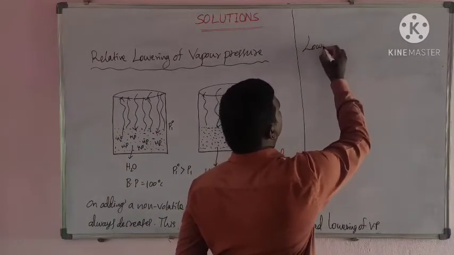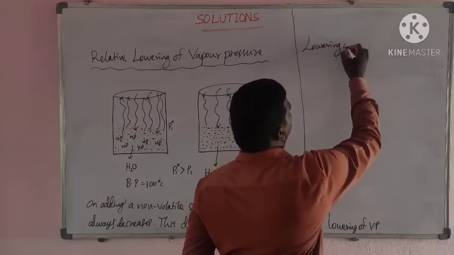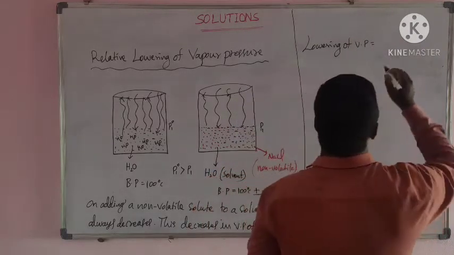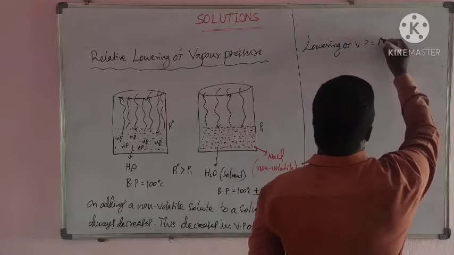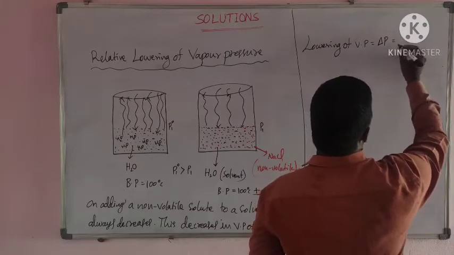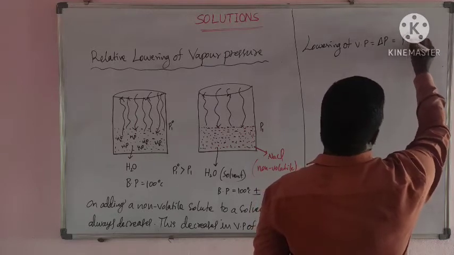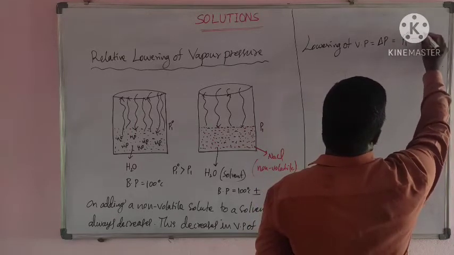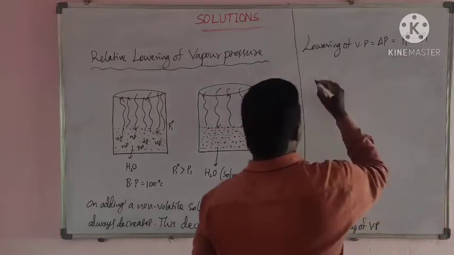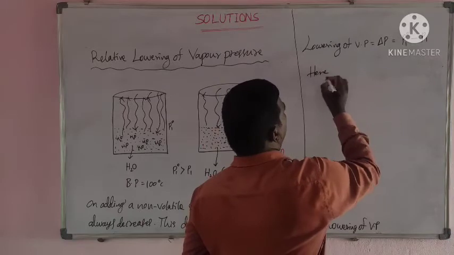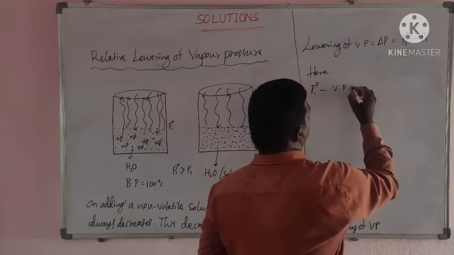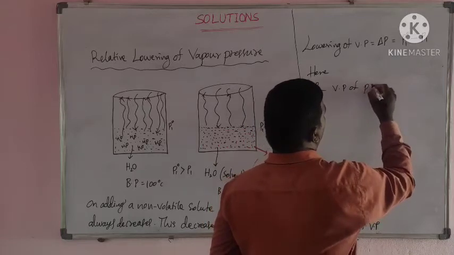Lowering of vapor pressure, delta P, is equal to P1 naught minus P1. Here, P1 naught is the vapor pressure of the pure solvent.